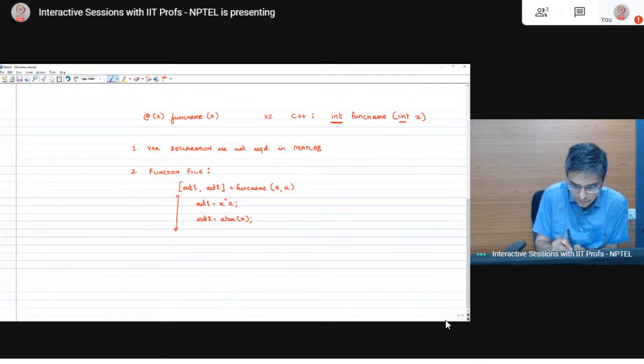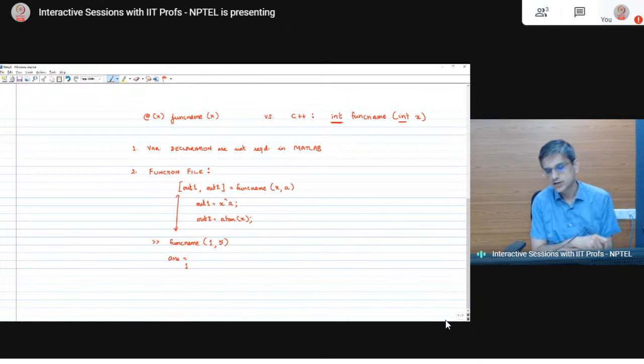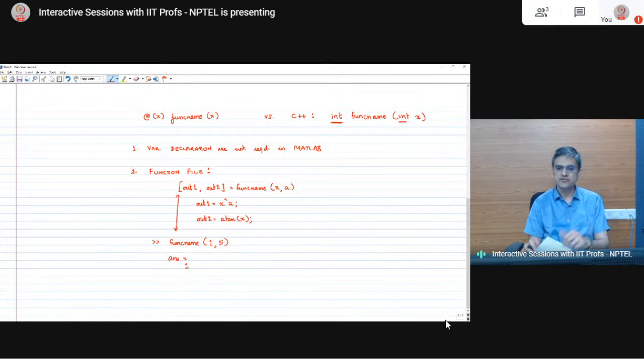Okay, from the command line you can call the function as, let's say, 1 comma 5. This will just output the result as ans equal to 1. Why? It will calculate 1 to the power 5. The value 1 to the power 5 is returned in out1.